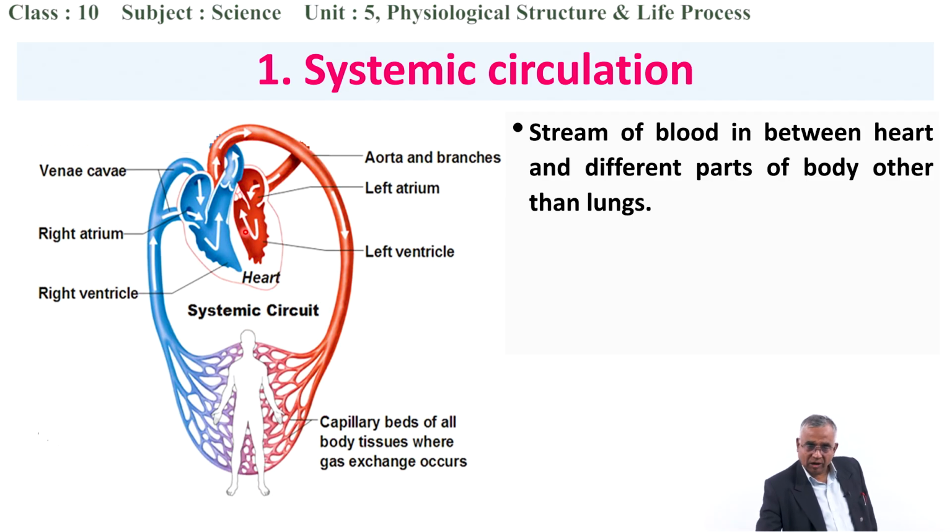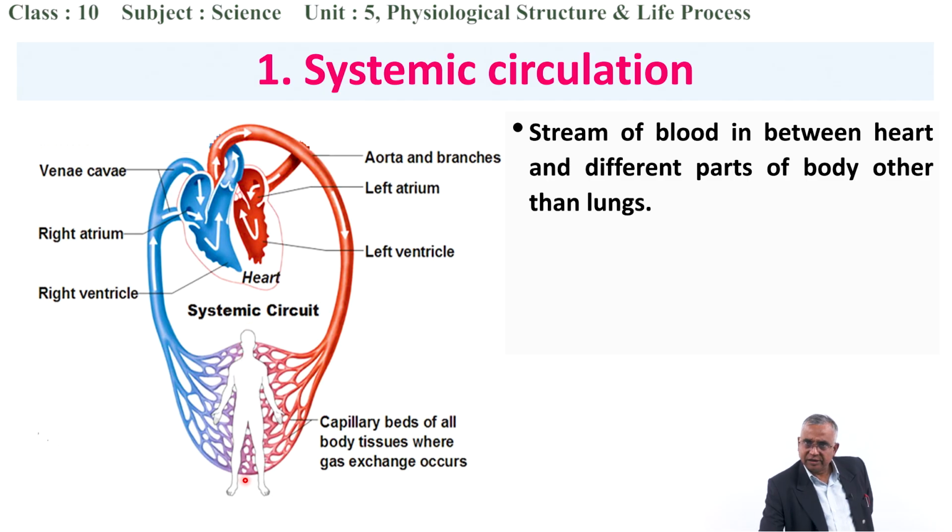From the left ventricle of the heart, blood is passing out and coming to different parts of the body. In detail later I will give you in which part which blood vessel carries blood. That is not required by the curriculum, but I will give you some more knowledge, don't worry.